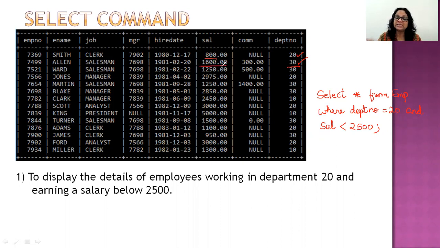His salary is less than 2,500, but his record is not going to be displayed because we said and. And means you had to satisfy the condition for department number as well as for salary, and so on. So it'll go through all the records and all the records that match both these conditions will get displayed. Is that clear? Okay.